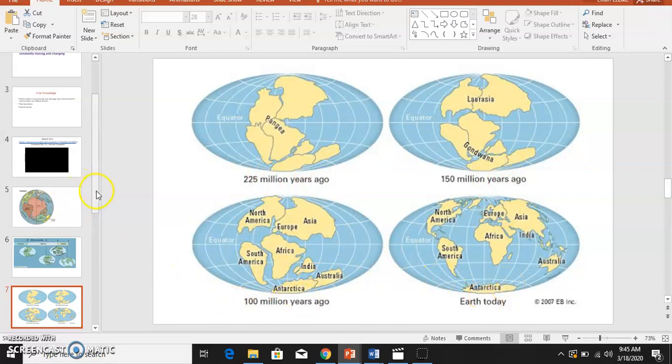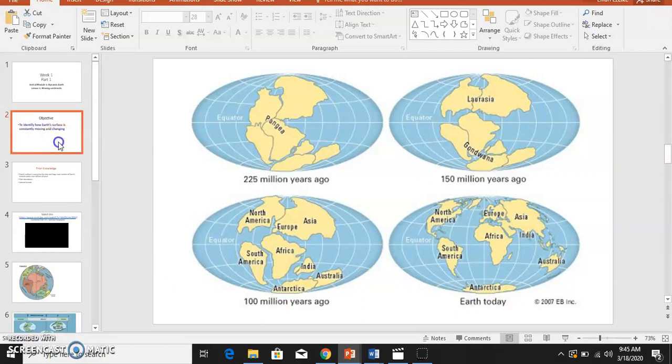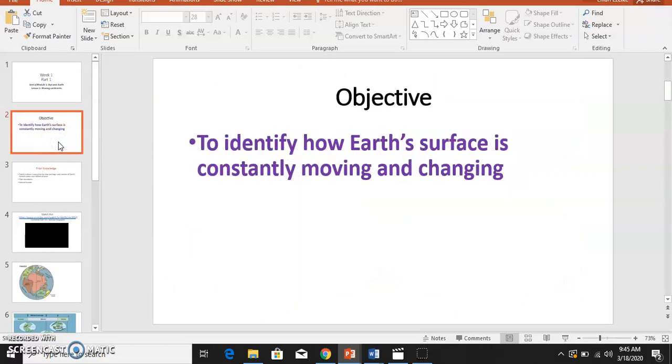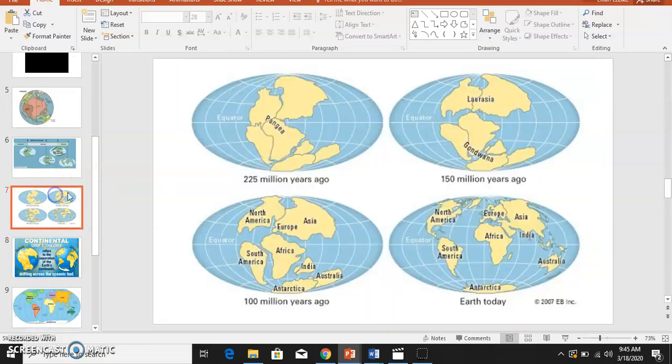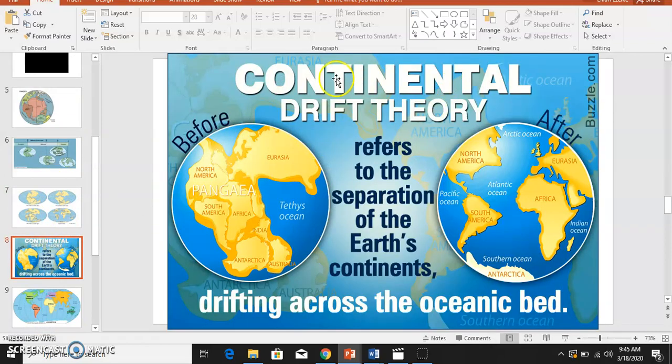Okay, so let's proceed. If you take it back to our objective, you are trying to identify how the Earth is constantly moving and changing. We've seen that in many images and in the video. All of these things that we're talking about gave rise to what we call the continental drift theory.